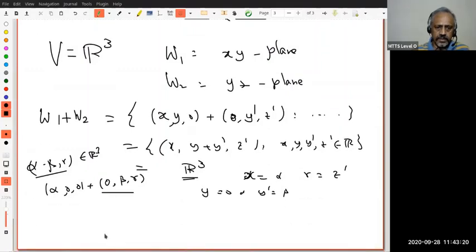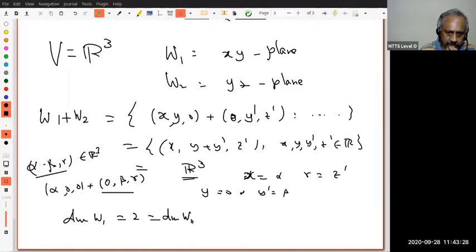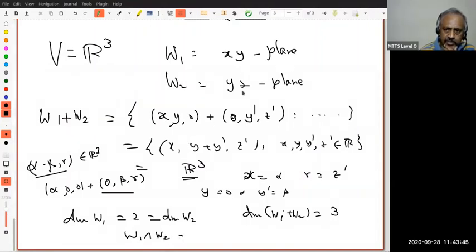Now, therefore, dimension of W1 is equal to 2 and dimension of W2 is also equal to 2. Dimension of W1 plus W2 is equal to 3 because it's R3. And what is W1 intersection W2? The points which must be common to the XY plane as well as the YZ plane.